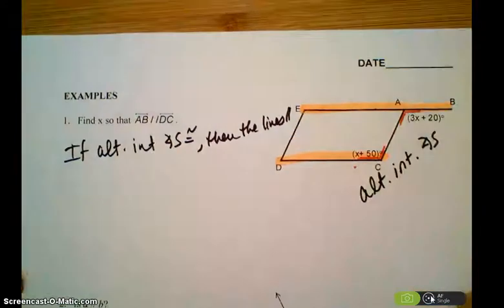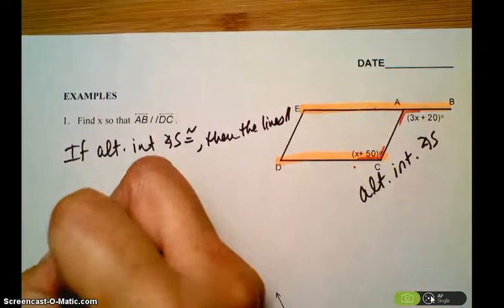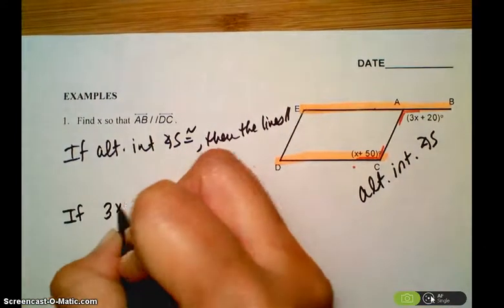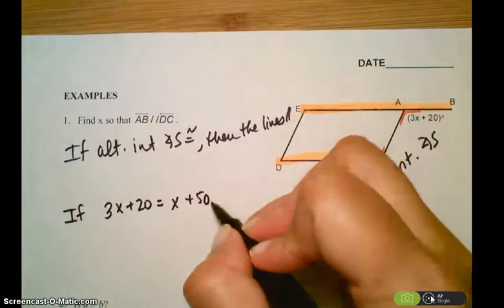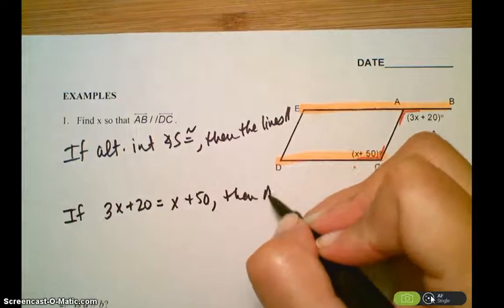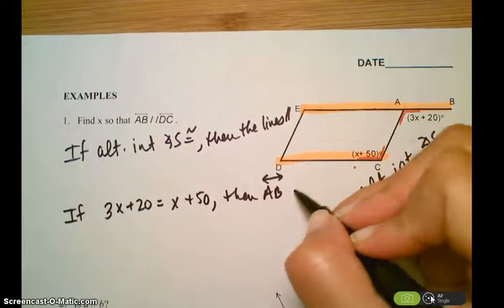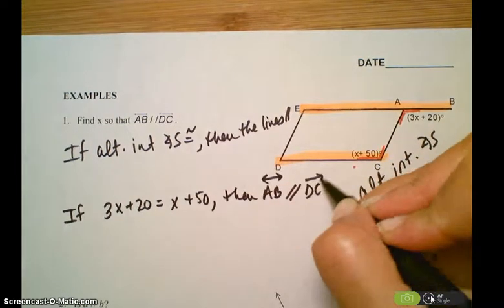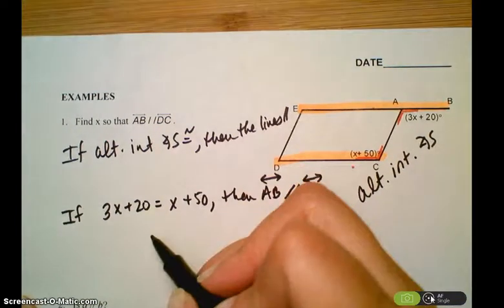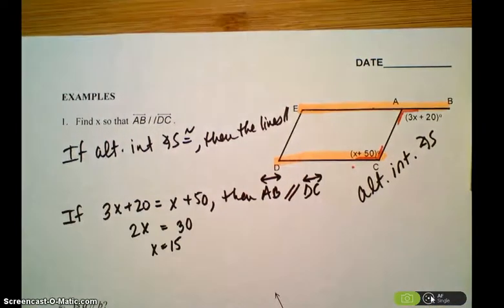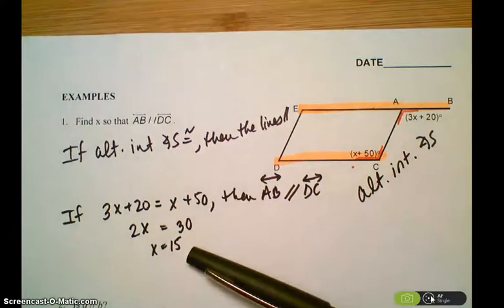So in this case, if 3x plus 20 is equal to x plus 50, then line AB will end up parallel to line DC. So what value of x makes that true? We go ahead and do our algebra, and by magic, we find out that x turns out to be 15.